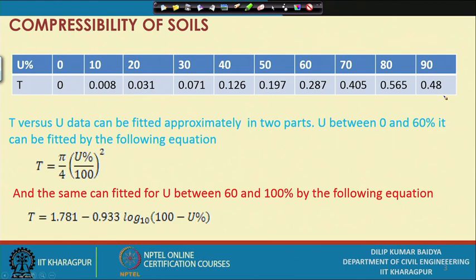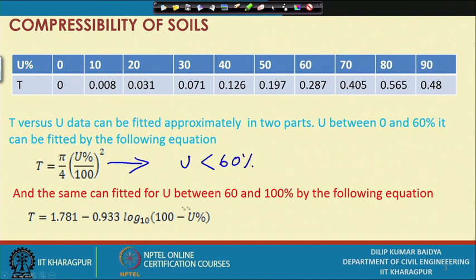This data, if you try to fit, actually approximately fits in two equations. Up to 60%, that means less than 60%, the T can be approximately fitted by this equation, T equal to pi by 4 u square. Okay, this is one, up to 60%.